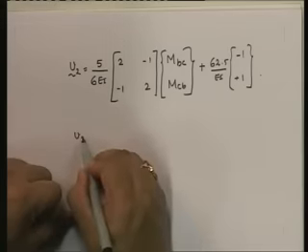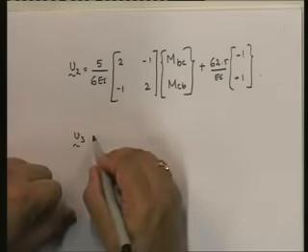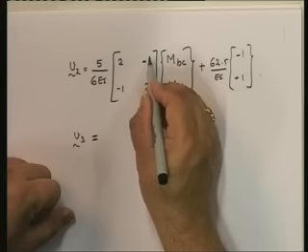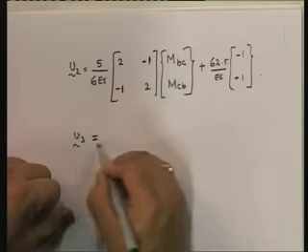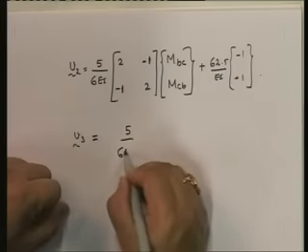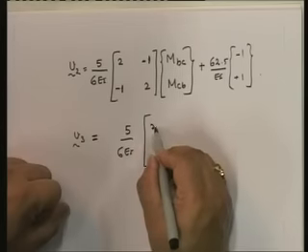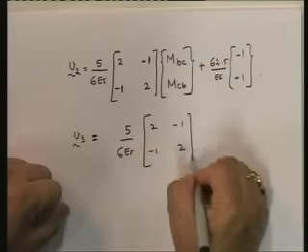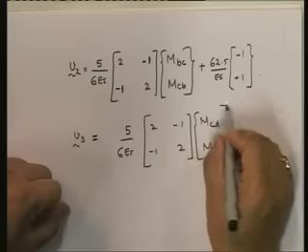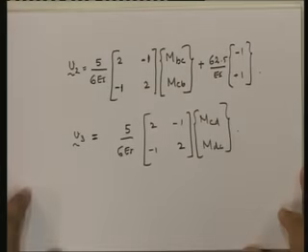And v3, since there is no load on it, is going to be equal to 5 upon 6EI times 2, minus 1, minus 1, 2, times MCD and MDC. So we have written down the force deformation relationship for each member.